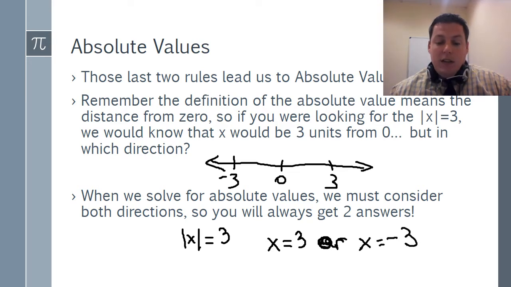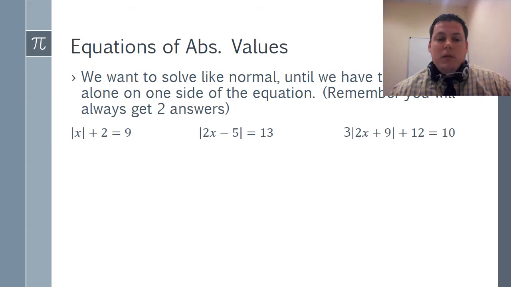So we always have to consider the positive and negative values when we're solving equations or inequalities of absolute values. And we'll see some examples coming up here of what I'm talking about.